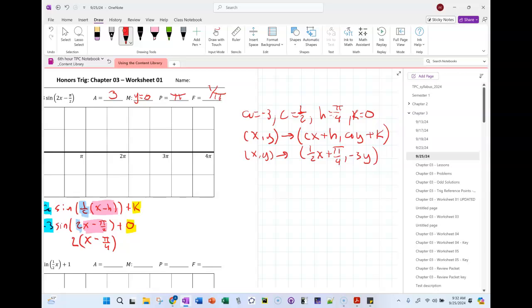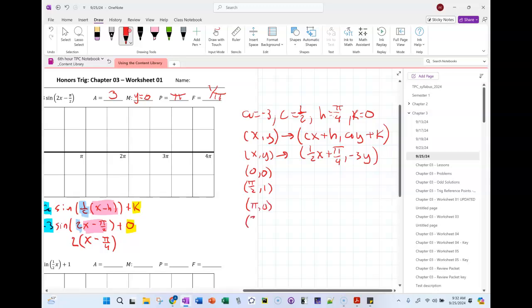Then I would go to my reference points list and copy those reference points in for sine, because this is a sine problem. Now, do you have to have these reference points memorized? No way, Jose.